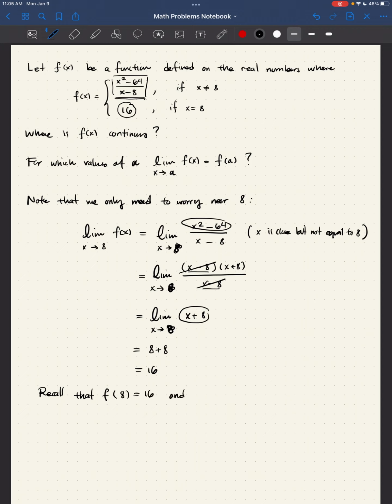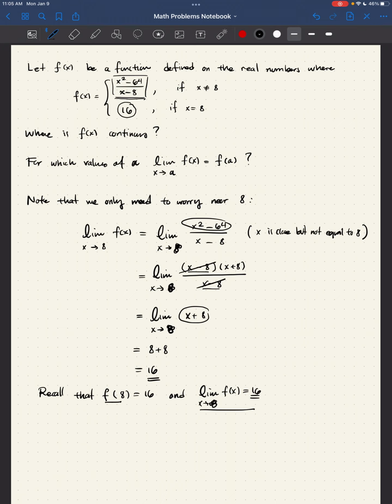And now we discovered that the limit as x goes to 8 of f of x is 16, as we computed here. So look, the limit and the value at that point coincide. So the function is continuous there.